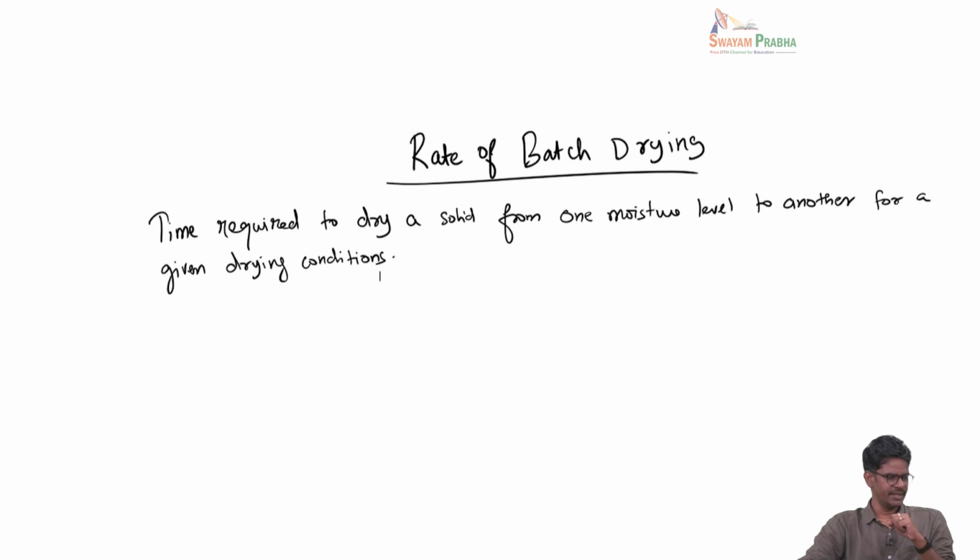Well, what we do is we try to conduct a lab test for drying. Okay, let's say for an industrial scale you have a large amount of material you want to dry. What you do, you take that material in a very small quantity and then you subject this to a lab drying test under a very similar condition that you want in an industrial setting.